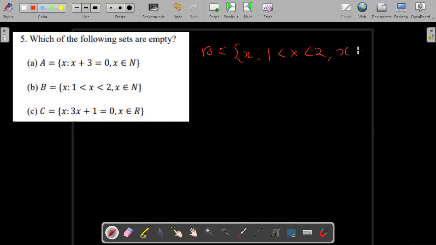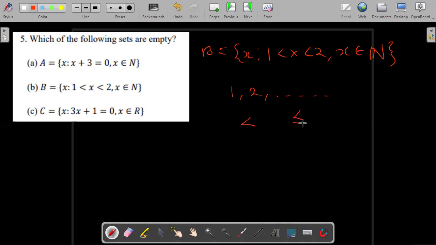Then they're telling us that x is a member of the natural numbers as well. So I see what are the natural numbers that are in between here. If I was to count, there's 1, then there's 2, and it goes all the way up to infinity. These are natural numbers. Now I see that 1 and 2 are not part of them because the symbol that is there is just less than.